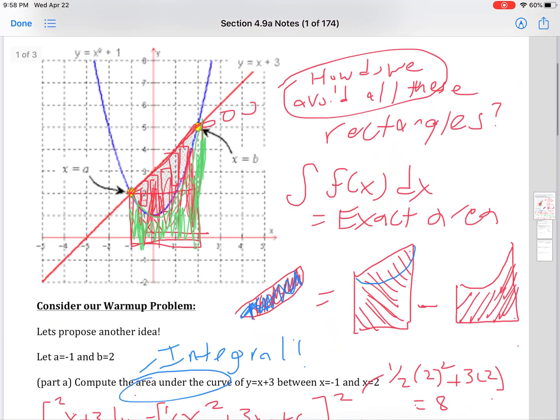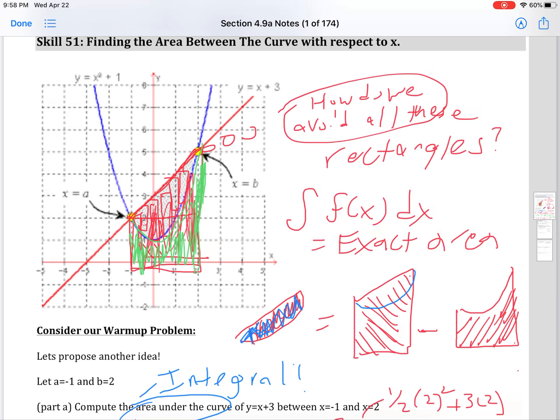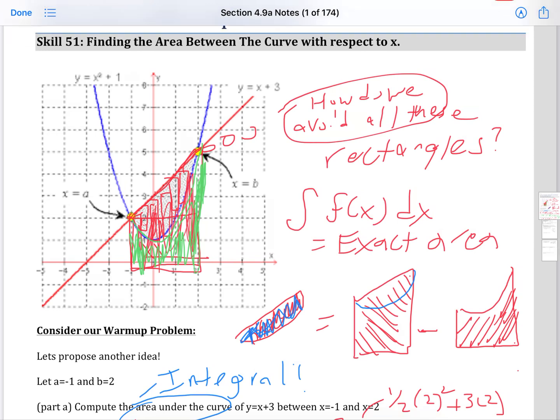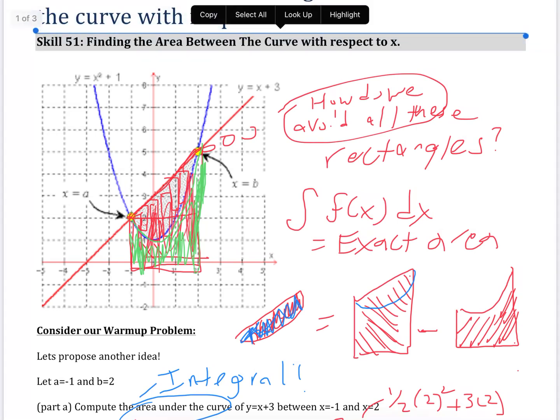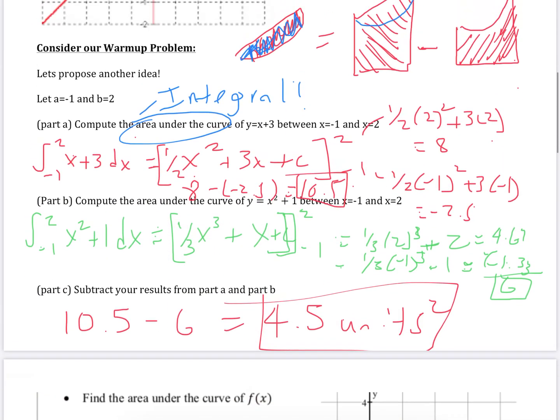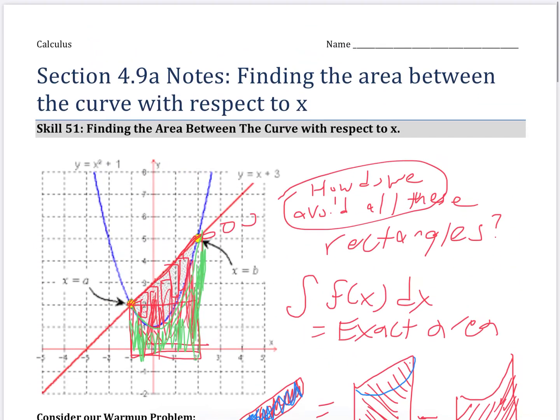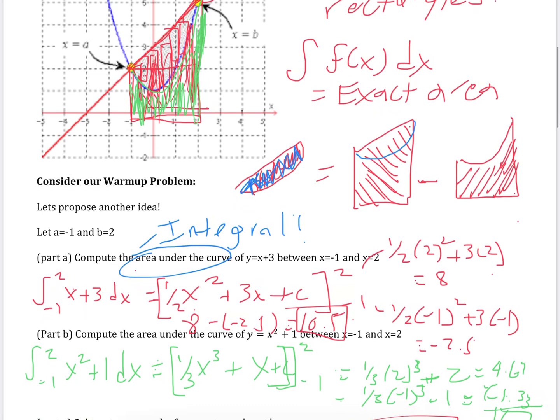Let's look at our graph and see, does 4.5 make sense? We've got one rectangle, two rectangles, and then a bunch of half rectangles that probably add up to something around 4.5. And we didn't have to do any Riemann sums. So this is a nice introduction to finding the area between curves.